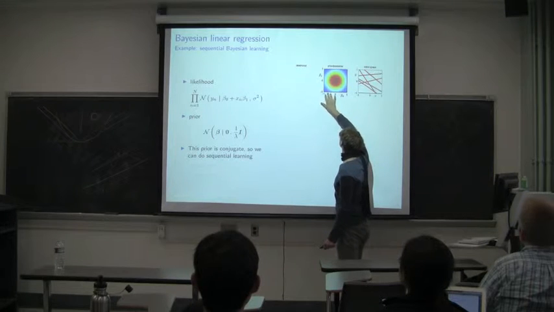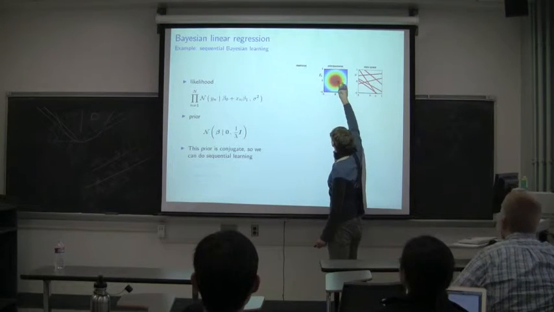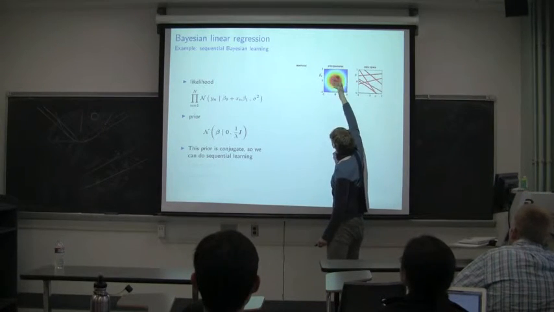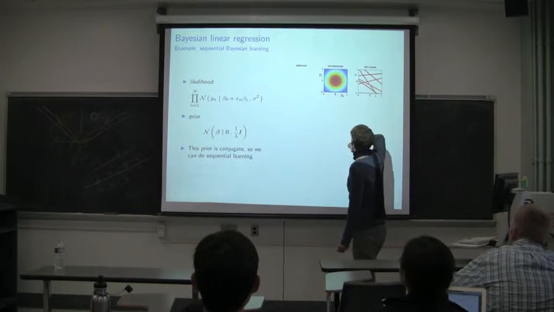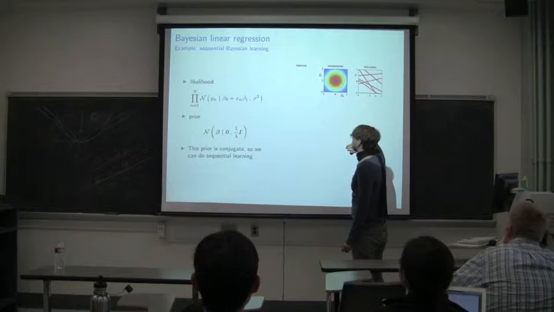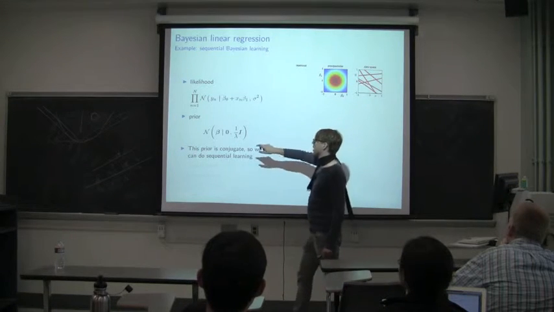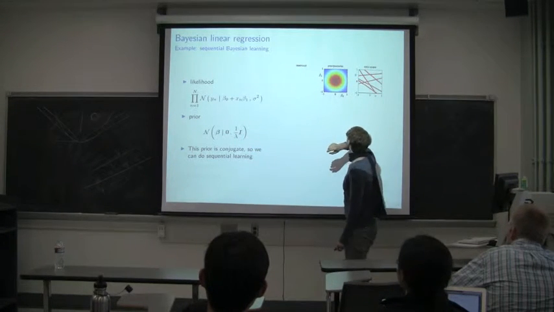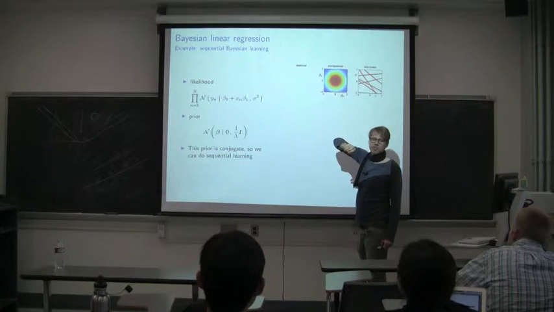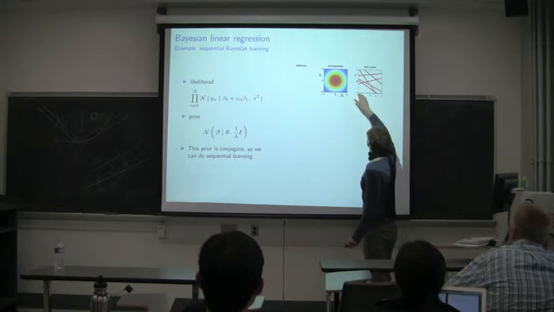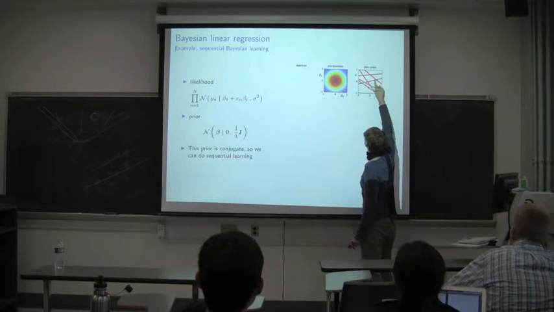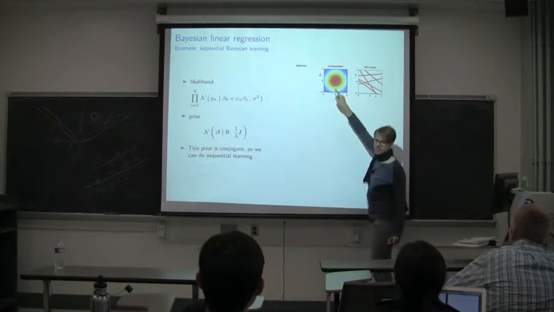So your level sets are just these circles around the origin, around 0. Because it's a Gaussian, we can sample from it. We can sample 2 weights, and they give us a regression function. If we take these samples, they will look like these regression functions.